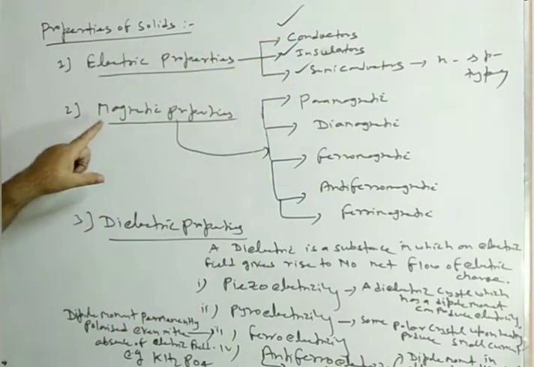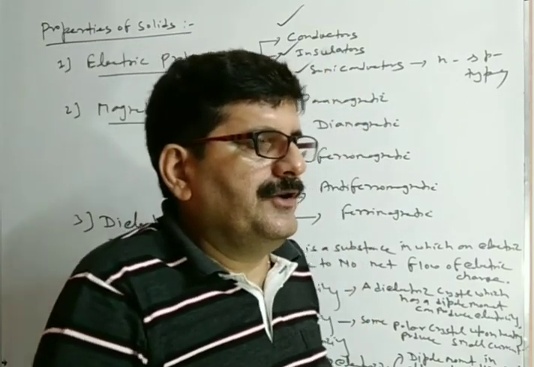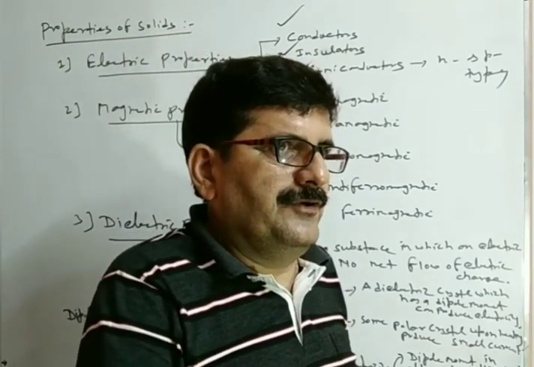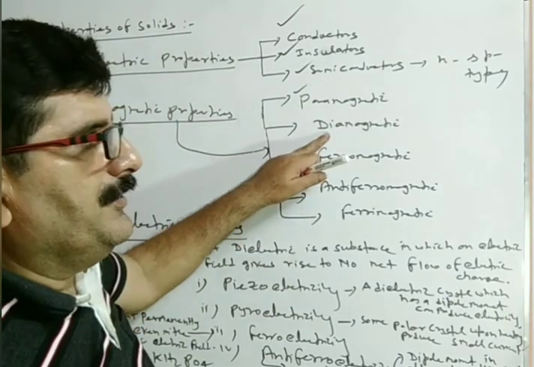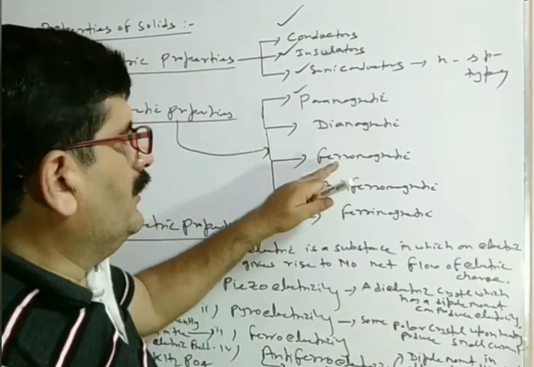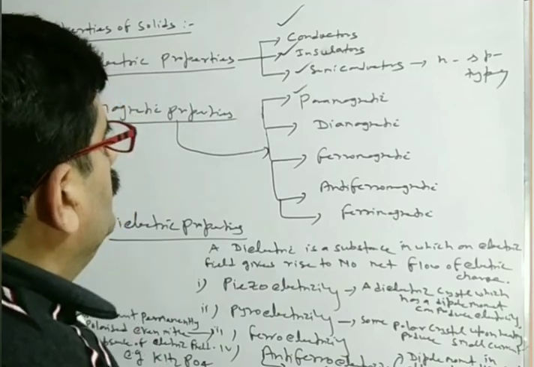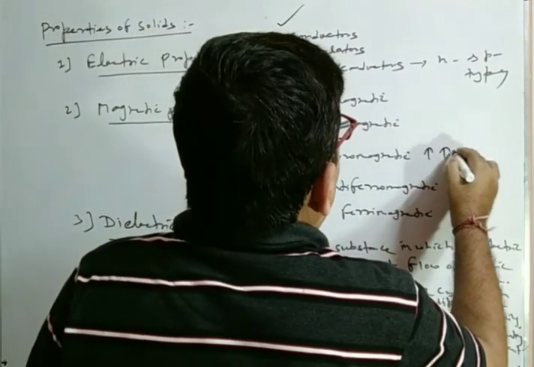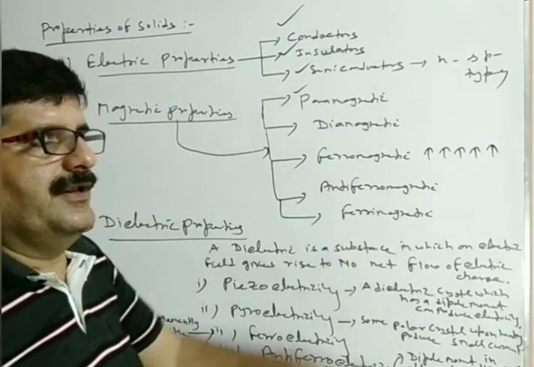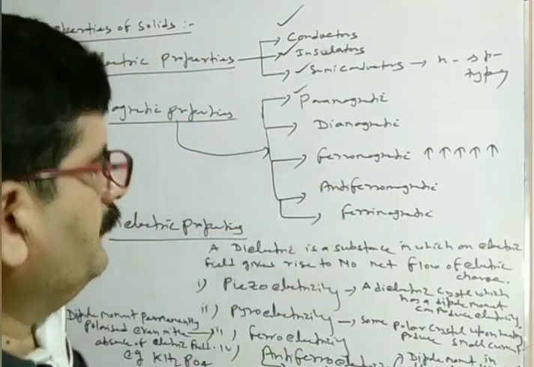Our next property, magnetic properties. First one, paramagnetic. Paramagnetic means the substance is attracted in a magnetic field if a magnetic field is applied. Diamagnetic, there is no attraction in a magnetic field. Ferromagnetic is strongly attracted by a magnet in a magnetic field. Suppose the alignment of electrons is such that a large number of unpaired electrons are available, then the crystal system is said to be ferromagnetic in nature.